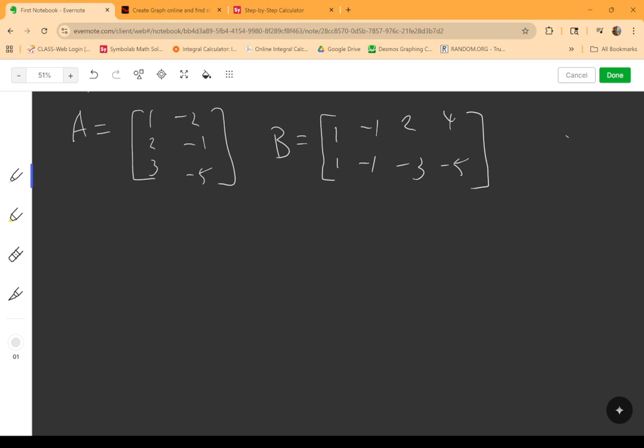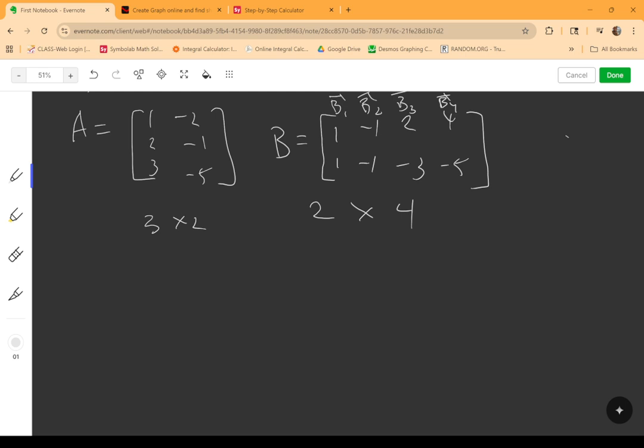Again, in the definition, those columns are the vectors B1, B2, B3, and B4. Matrix A is of size 3 by 2. Matrix B is of size 2 by 4, where our p is 4, the number of columns. So we have 4 column vectors of size 2 by 1.